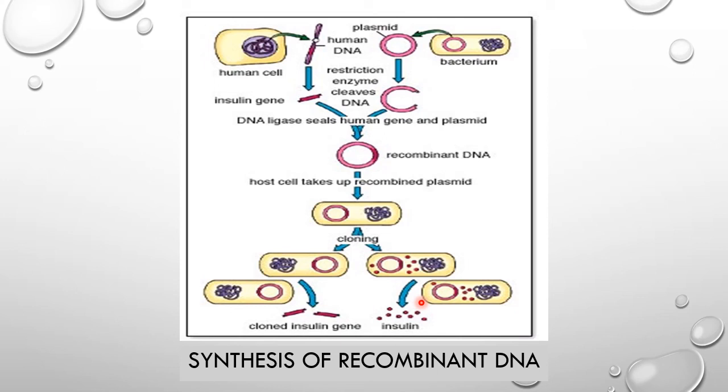Therefore, each clone of bacteria contains the gene of interest. And the clone bacteria express themselves and make a product. The protein product can be separated from the clone bacteria, and the cloned genes can be isolated from the bacterial clone for further analysis.